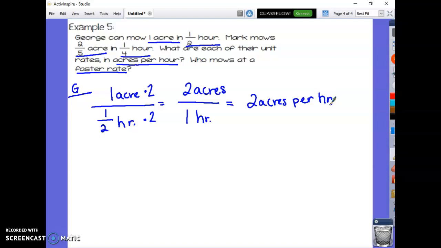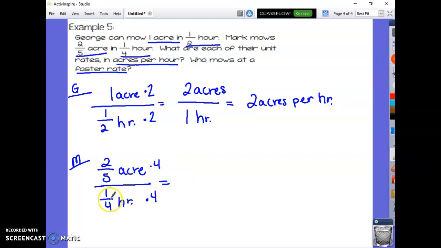And then for Mark, well, Mark mows 2/5 of an acre in 1/4 of an hour. Again, same thing. We want to try to get our denominator to equal 1 because we're looking for per hour.